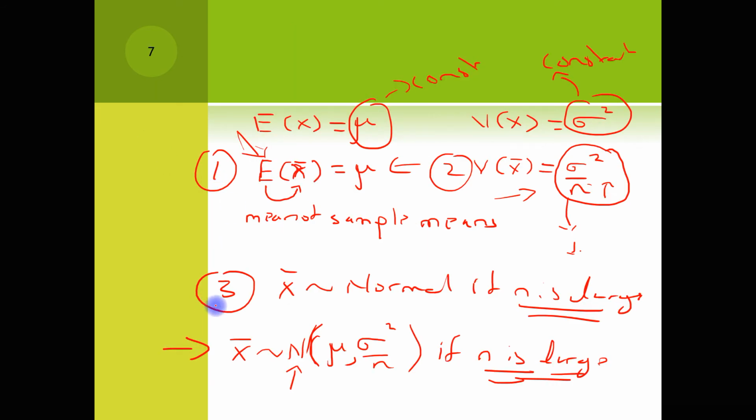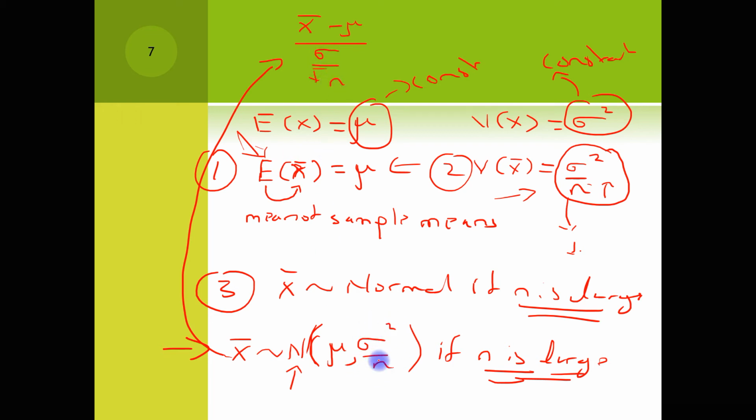Here, I can rewrite this differently in the standardized form. Standardized form means x bar, subtract the mean. Remember the case of a normal distribution: subtract the mean, divide by the standard deviation. Our standard deviation is the root of sigma squared over n, which is sigma over root n, right?